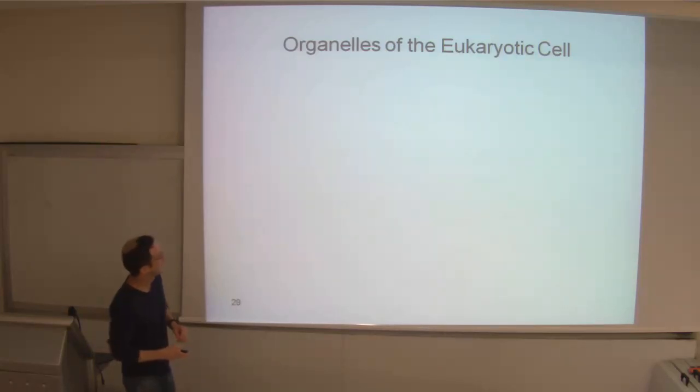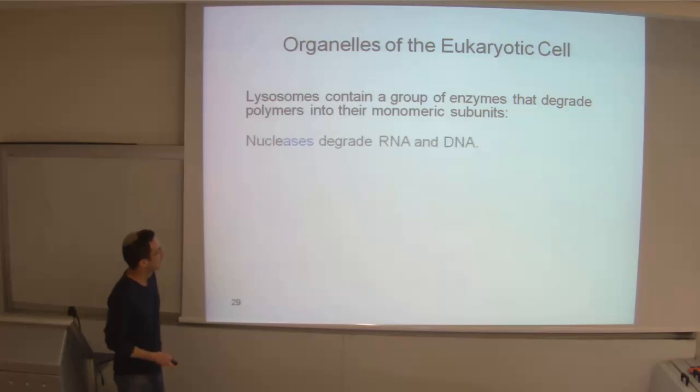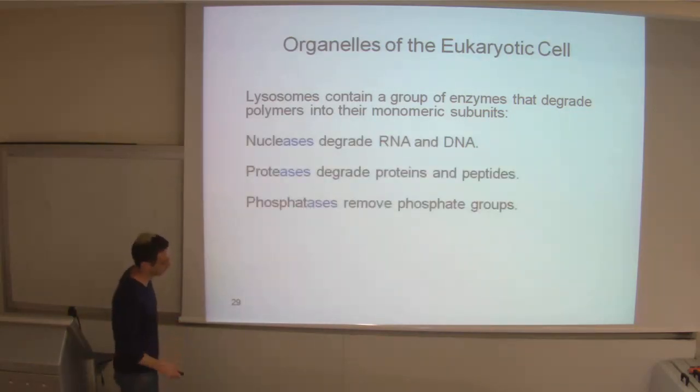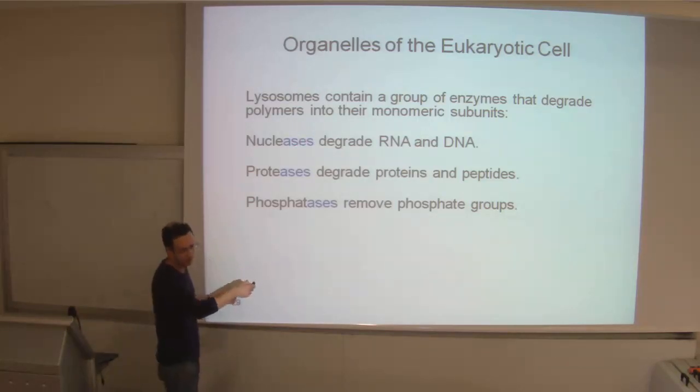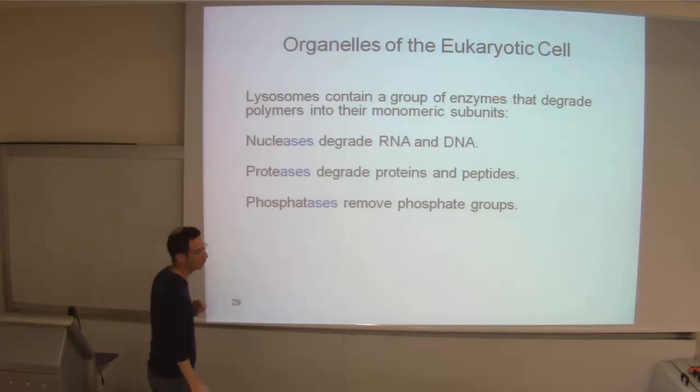Okay, now inside lysosomes, we've mentioned there's a battery of different degradative enzymes, and here are three examples of such enzymes. They are all named after the substance that they degrade, and then they have an "ase" in the end that denotes the fact that they destroy or hydrolyze different components.